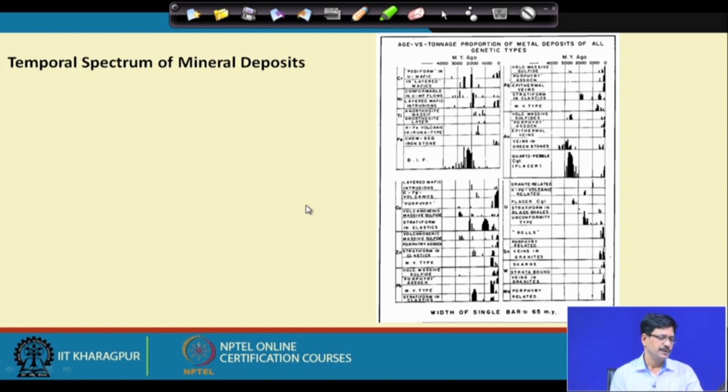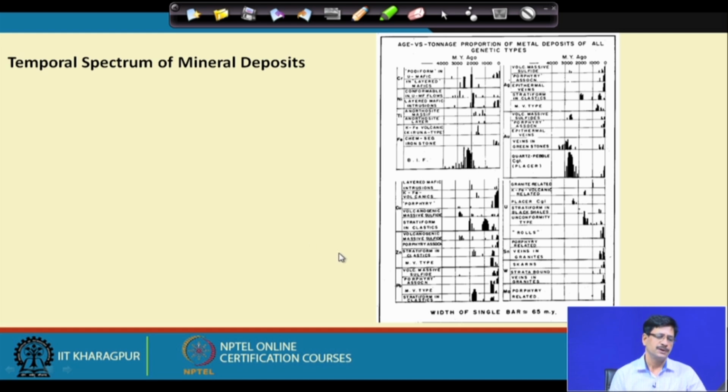The enrichment factor is the number of times, or the order of magnitude, by which a particular metal or element has to be enriched to form its mineral deposit. And we observed that metals like tin, tungsten, molybdenum do have a very high value of the enrichment factor, and so does lead.